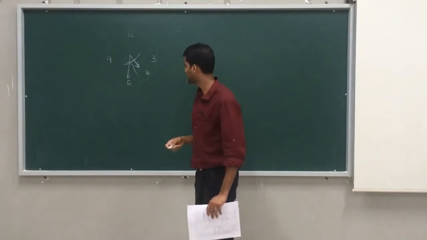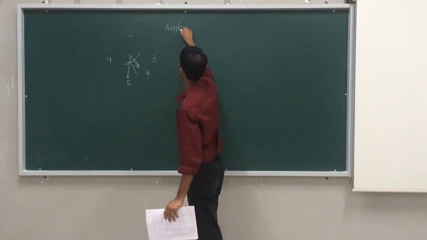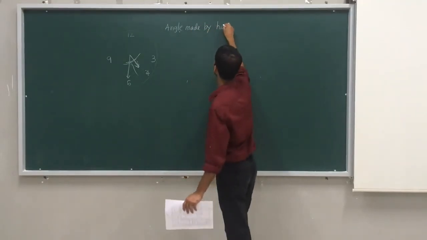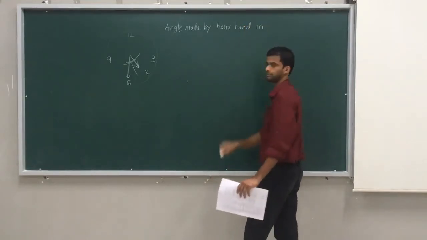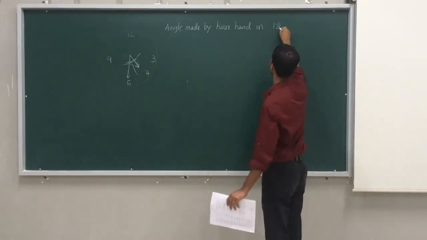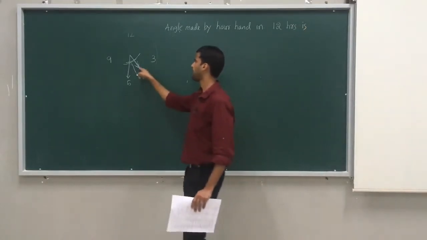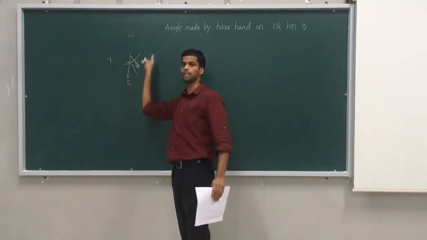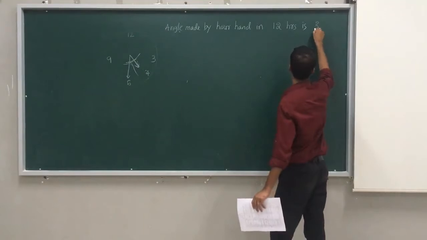So what I will do is, angle made by the hour hand in 12 hours. What is the angle made by the hour hand in 12 hours? 1 hour, 2 hour, 3 hour, 4 hour. It is one rotation. One rotation means what? 360 degree.